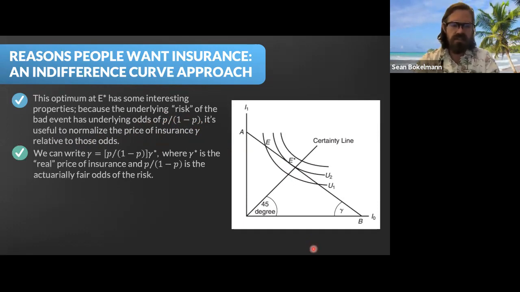So we can rewrite gamma as this underlying probability of the bad state times gamma star, where gamma star is quote unquote the real price of insurance, and the P over 1 minus P is called the actuarially fair odds of the risk. So if you've heard of actuarial sciences, those are people that basically figure out the costs and prices of insurance.